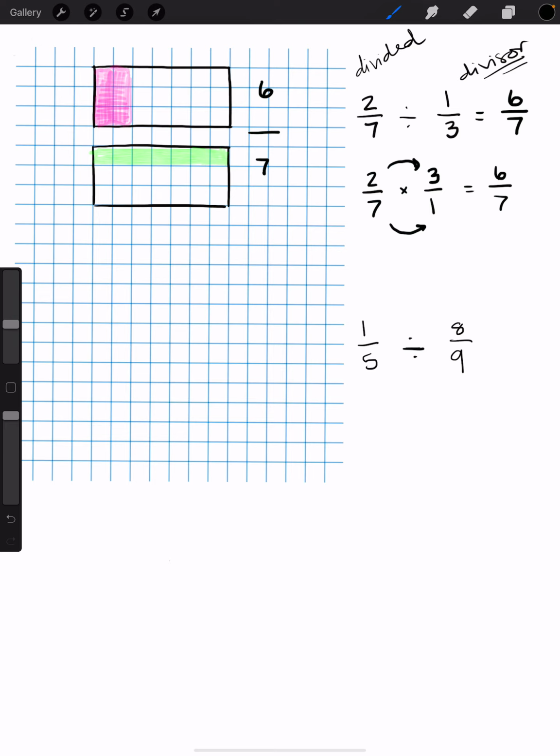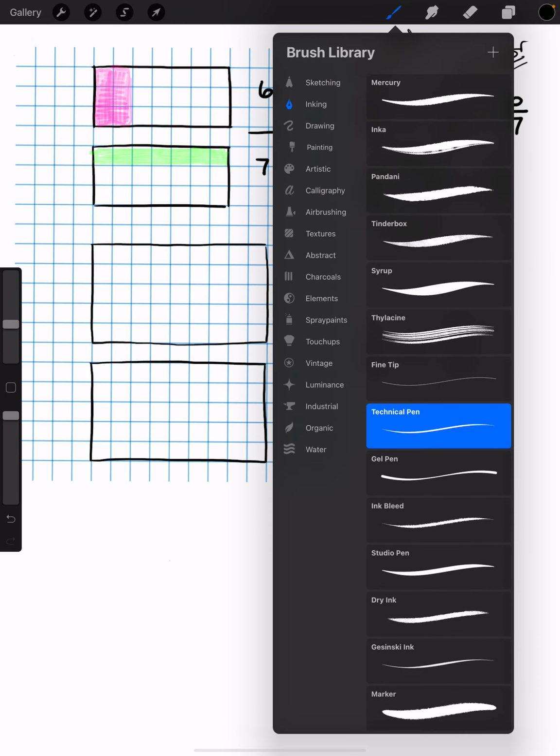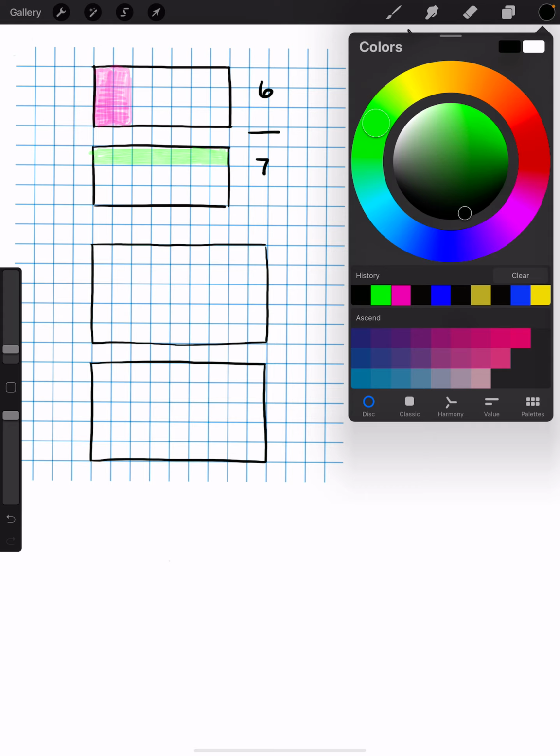So I'm going to go ahead and do 1, 2, 3, 4, 5. And then 1, 2, 3, 4, 5, 6, 7, 8, 9. I'll make 2 of those. All right, so let's go ahead and color in my first fraction.